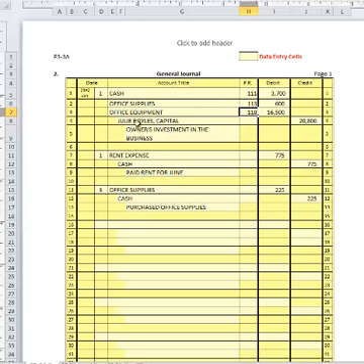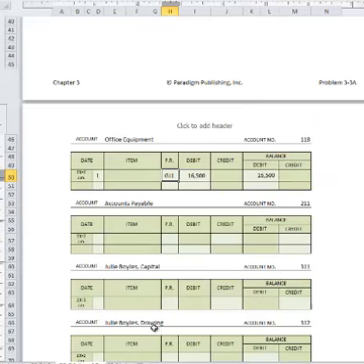And then we will show that that has been posted in our journal with the posting reference. The next account is Julie Boyle's Capital. It gets a credit for $20,800. So we'll find her capital account over in the ledger, enter the date. The credit was for $20,800. So this credit balance is going to come right over because at this point she has no balance until she made this investment.